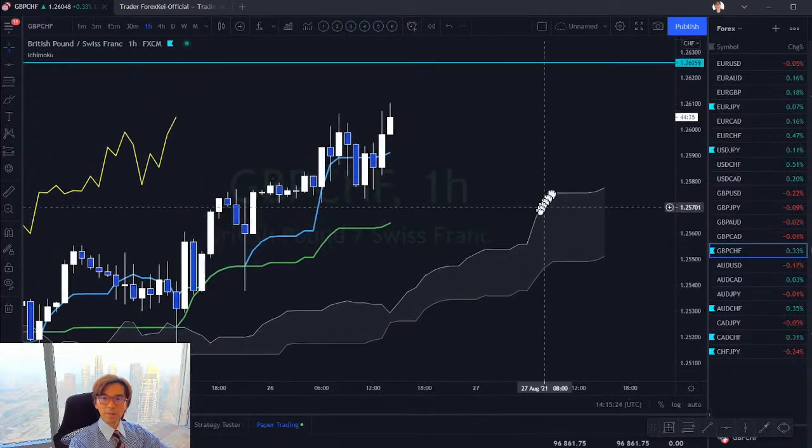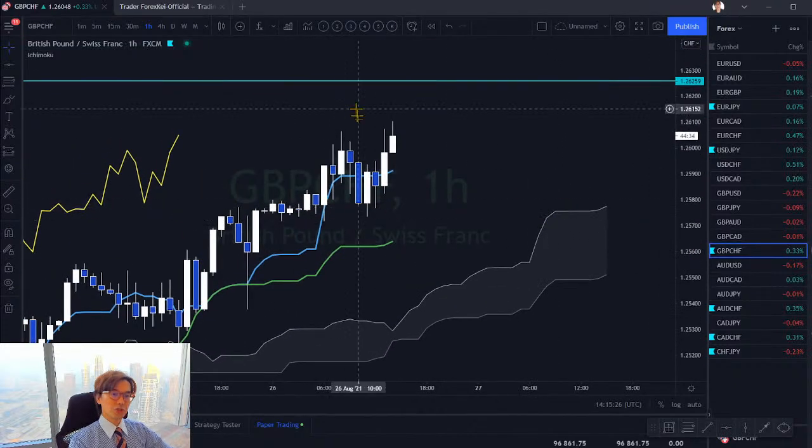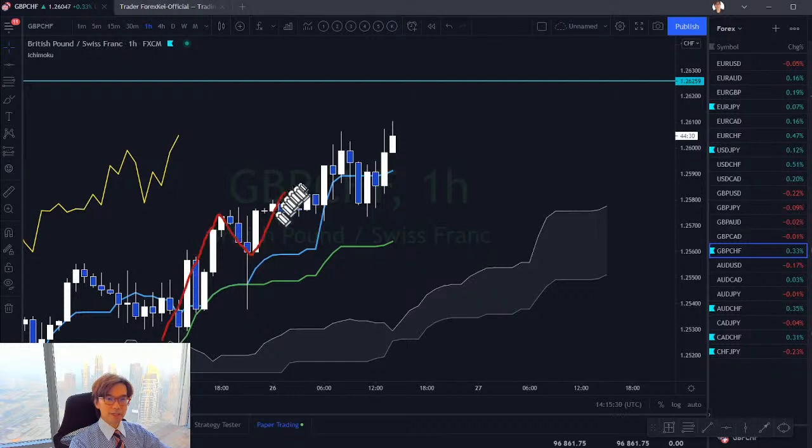So pound Swiss franc, I think this is also good. This is also in consecutive N waves. So we can expect the market to make another N wave from here, in this direction. So yeah, this market, we can go down to the lower time frames and look for an entry chance.